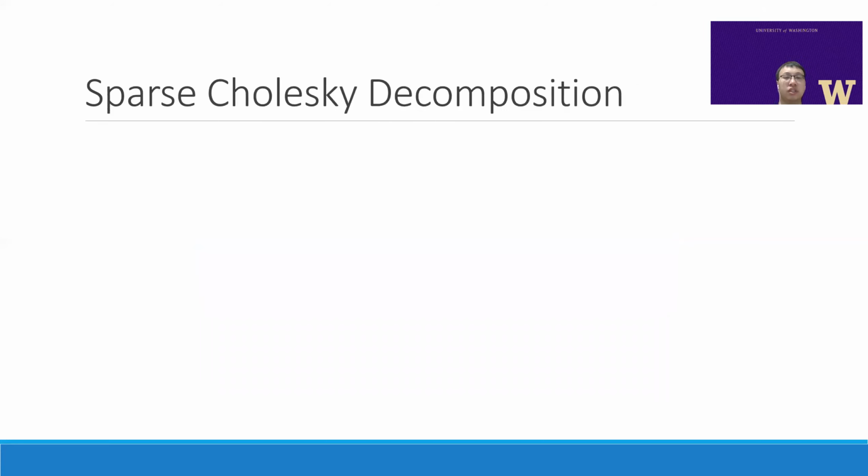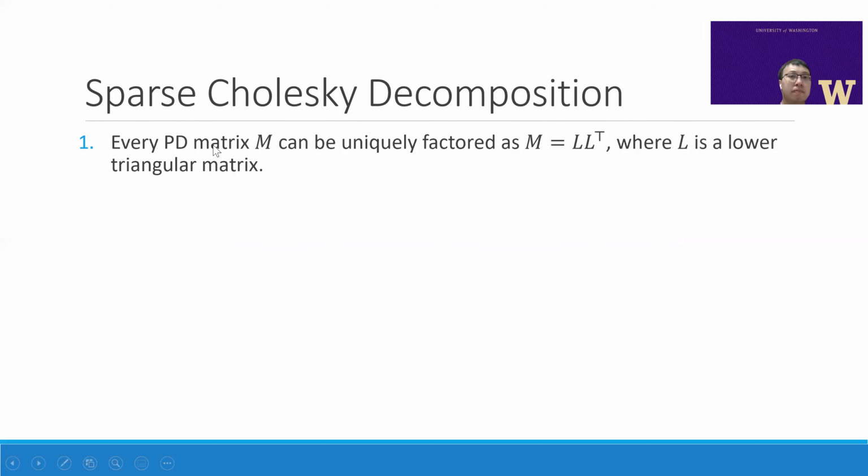The way we avoid this problem is using what we call sparse Cholesky decomposition to maintain M implicitly. Each positive definite matrix can be uniquely factored as a product of L and L transpose, where L is a lower triangular matrix.